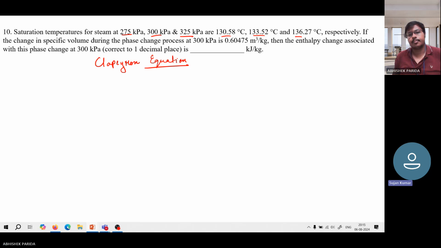The change in specific volume is given as 0.60475. Finally, I got around 2161.10 kilojoule per kilogram. Sure, we'll give some more time for others to solve.